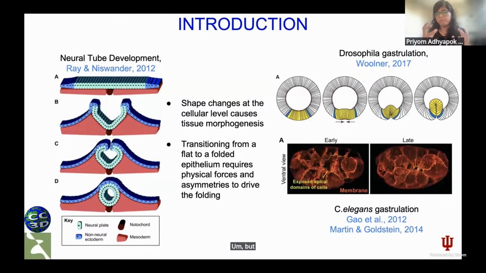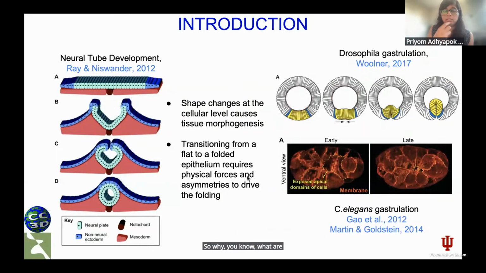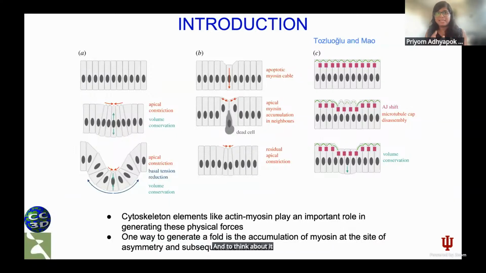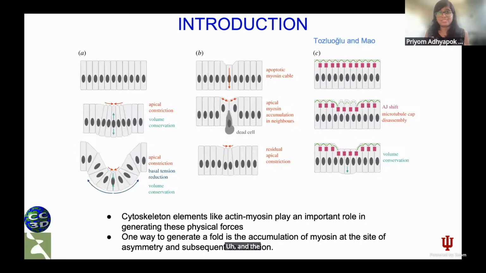But now if we look at these pictures and ask what are the processes responsible for generating these shapes, you have to take a step back and think about the cellular behaviors themselves, and the role of the cytoskeleton, because proteins like myosin and actin together can play a role in processes like apical constriction.